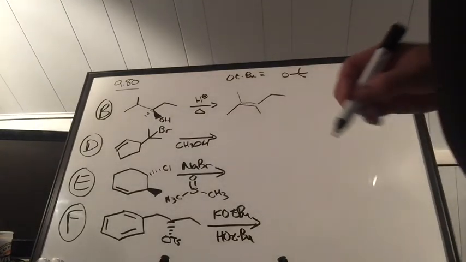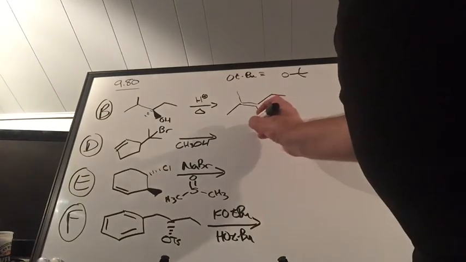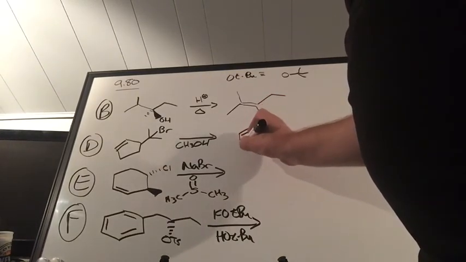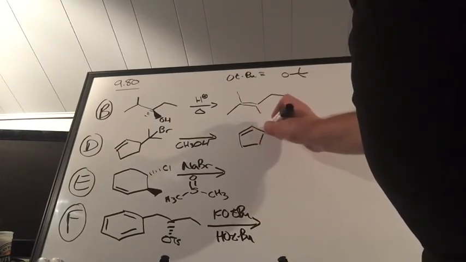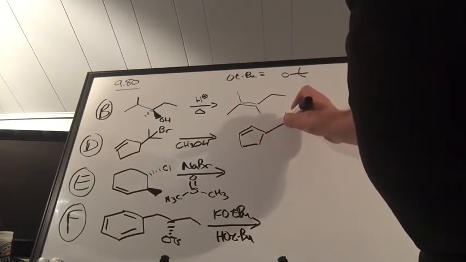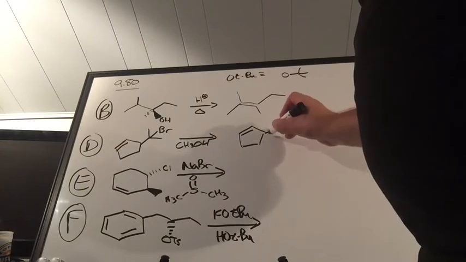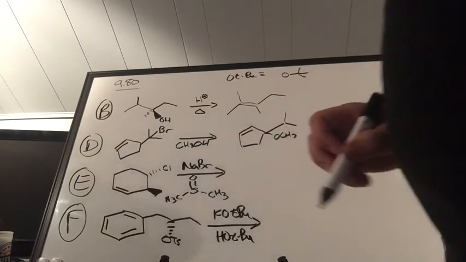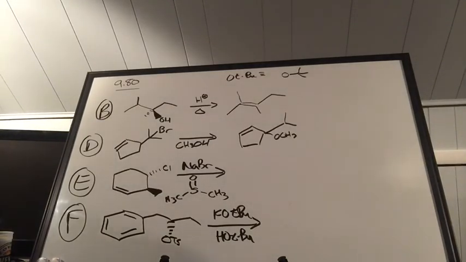So we're going to get a product that's going to look like this. Okay, so that's going to stem from rearrangement and things like that. Not just with carbocation rearrangement, but also with proton transfer.